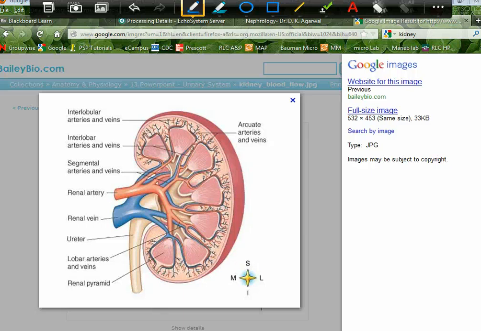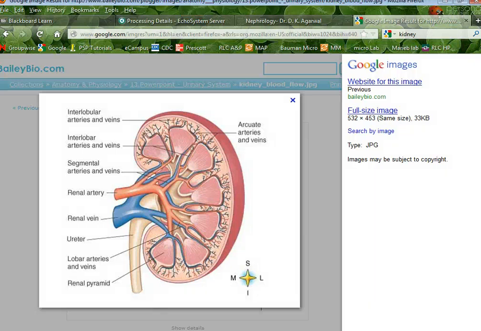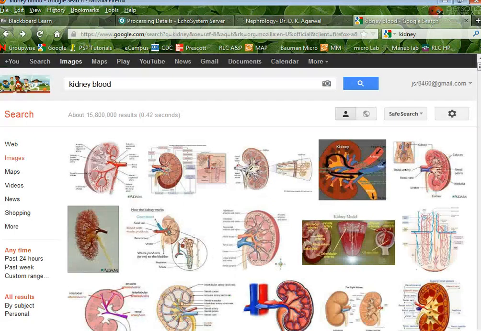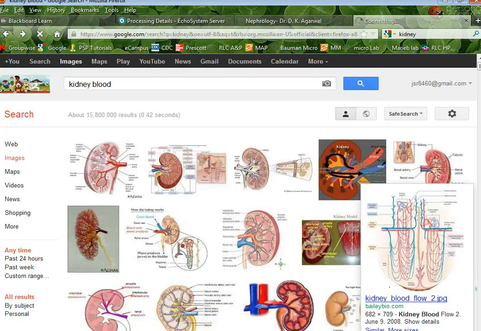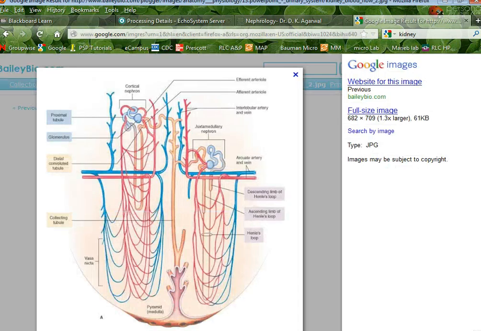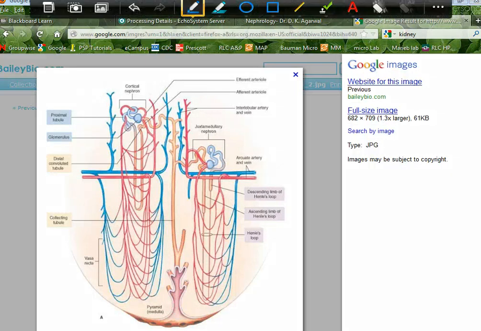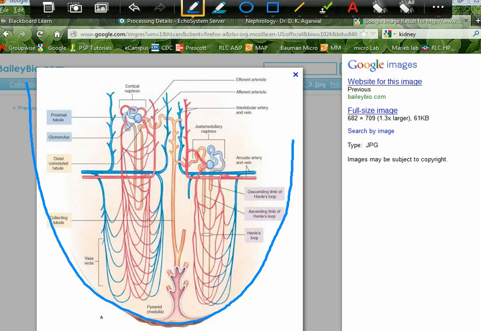Now, let me find another picture, because we're going to have to go to a higher magnification. Okay, here we are. Now you're looking at the bottom of the pyramid. Here's the pyramid down here, and actually this is cortex right here.